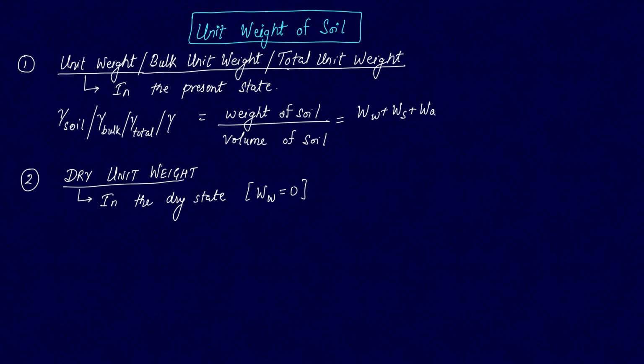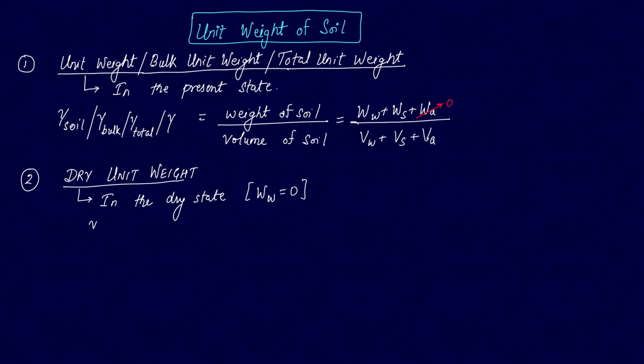Here we always take the weight of air to be equal to 0. But in the denominator we should use volume: volume of water plus volume of solids plus volume of air. All three should be mentioned in the denominator of the first type of unit weight.